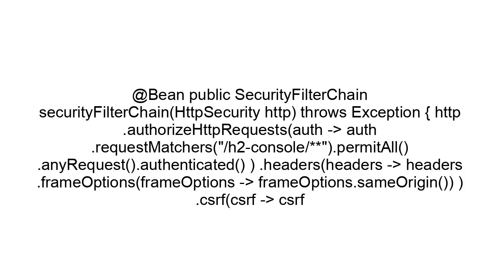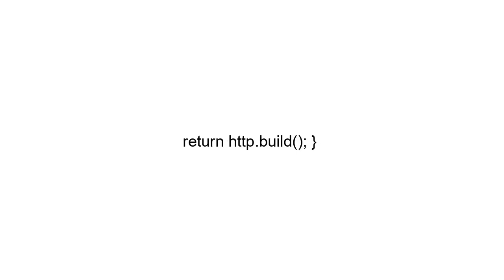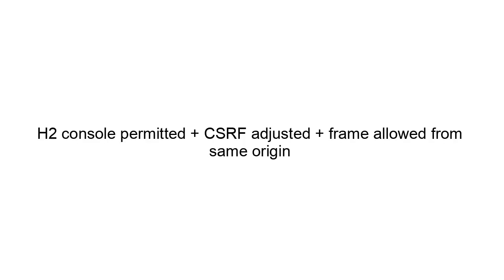Example: @Bean public SecurityFilterChain filterChain(HttpSecurity http) throws Exception { http.authorizeHttpRequests(auth -> auth.requestMatchers("/h2-console/**").permitAll().anyRequest().authenticated()).headers(headers -> headers.frameOptions(frameOptions -> frameOptions.sameOrigin())).csrf(csrf -> csrf.ignoringRequestMatchers("/h2-console/**")); return http.build(); } Example concept: H2 console permitted plus CSRF adjusted plus frame allowed from sameOrigin.